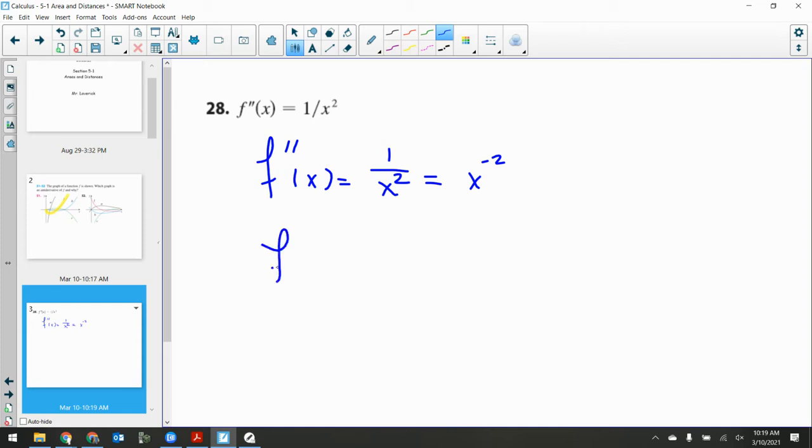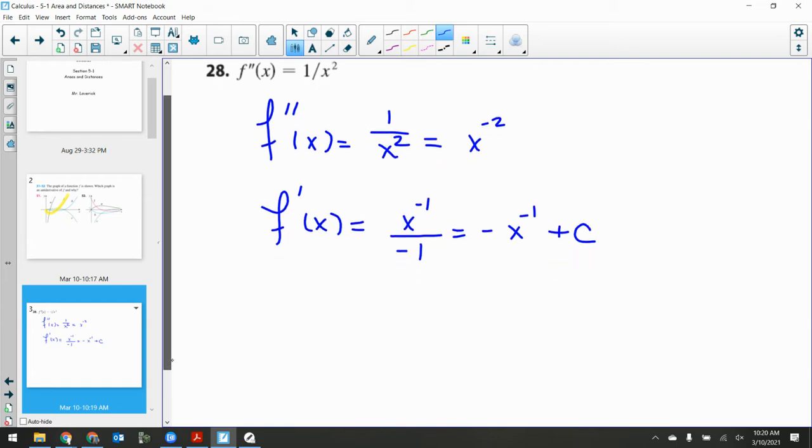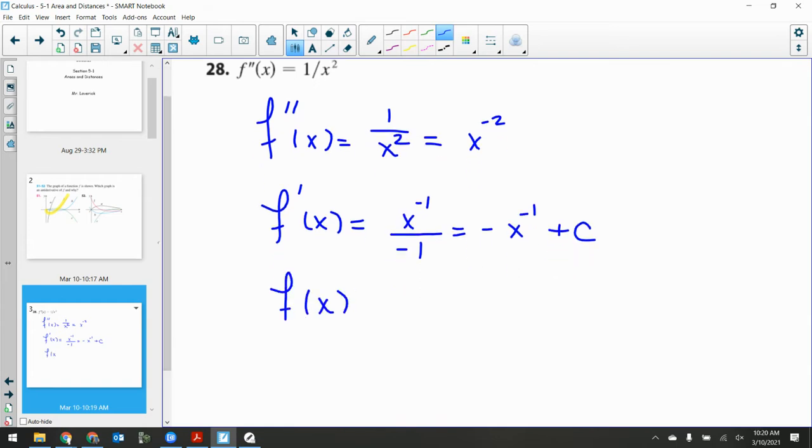All right, so that means f prime of x is going to be, okay, kick up the power, x to the negative 1, divide by the power. So negative x to the negative 1 power, plus c. And then to get to f, well, remember that I could have rewritten this as negative 1 over x, plus c.